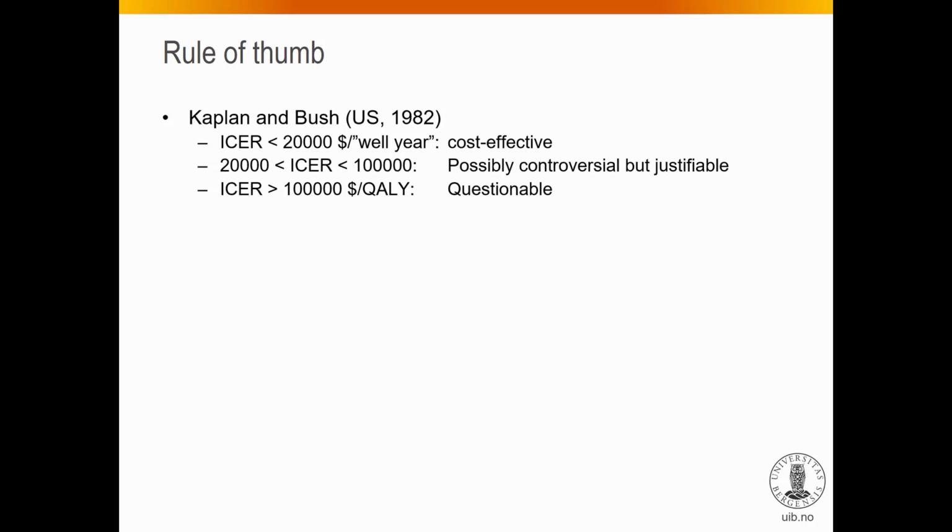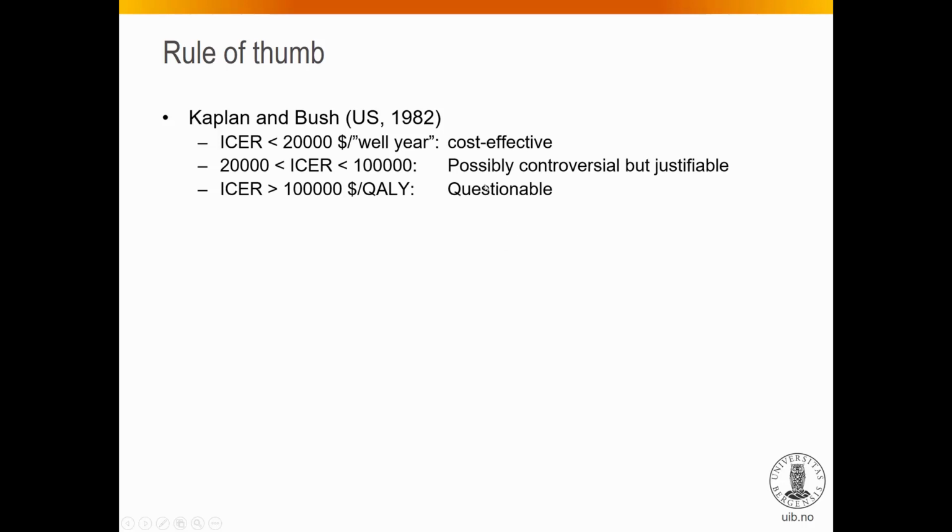One of the earliest ones was in the US by Kaplan and Bush, that considered an ICER less than $20,000 per well year. This was early days of the discipline, so the quality wasn't well established, but roughly a well year is the same as quality. So less than 20,000 is considered cost effective.